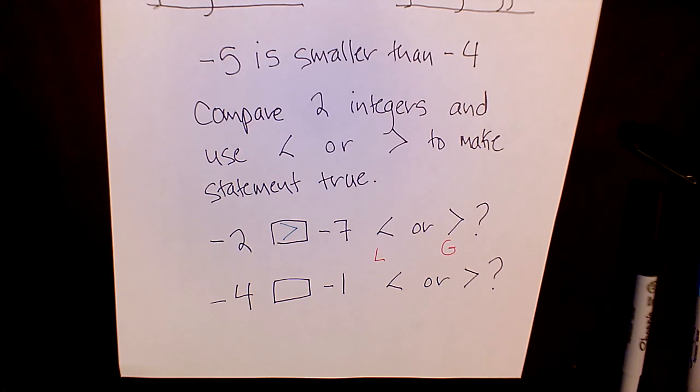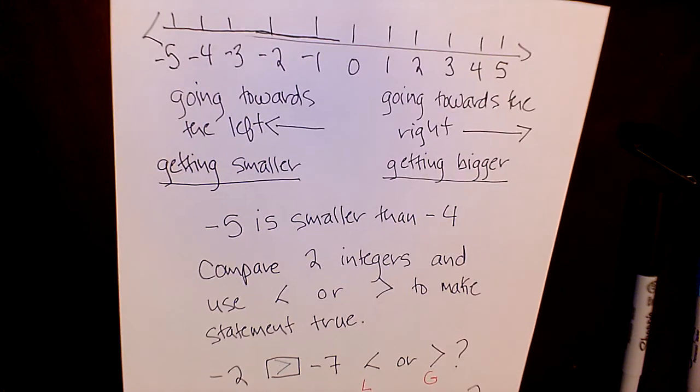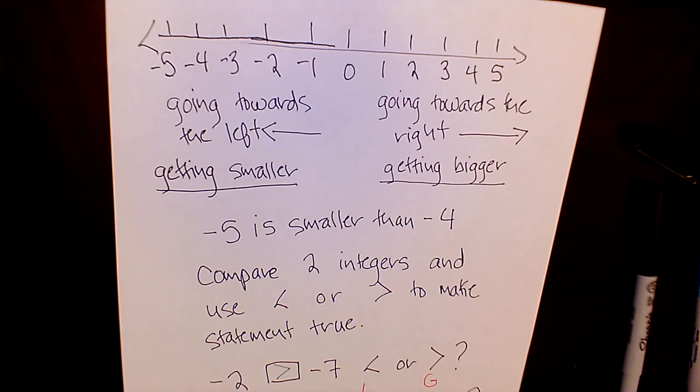Is negative 4 bigger than negative 1 or smaller than negative 1? So let's look at where negative 4 and negative 1 are on the number line, if that helps you. If you already know, you don't need to do this. If you don't, it's up to you.